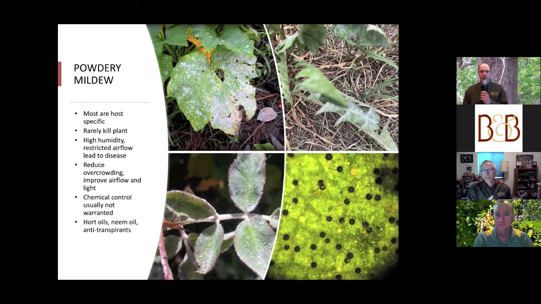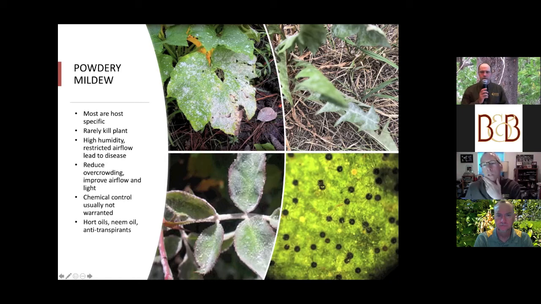What it is indicative of is that your conditions are right for powdery mildew to grow. And if those other powdery mildews are around, they may infect your plants. But typically, it's not going to spread to other plants, is what I'm trying to say. Because usually the powdery mildew that's on here is not going to go to this dandelion and vice versa. So here's a dandelion from my yard.